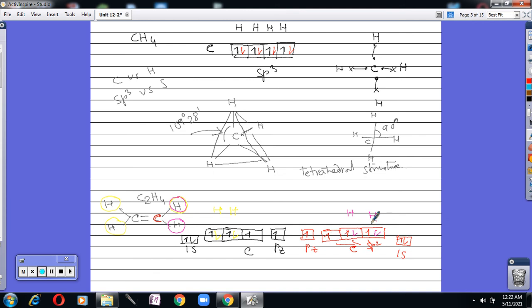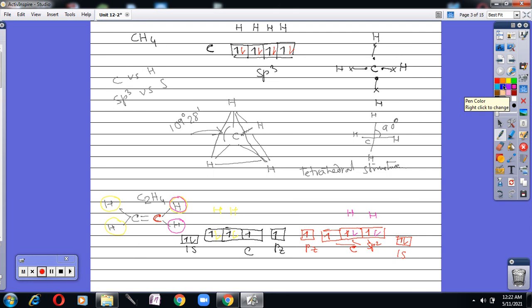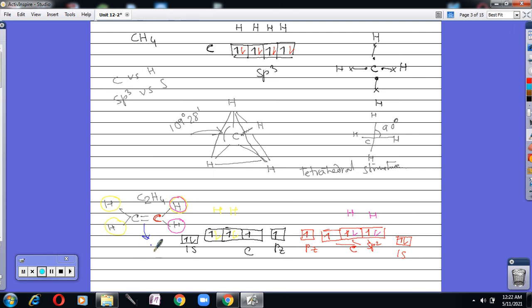Now in this carbon-carbon double bond, one bond is a sigma bond, another bond is a pi bond. This sigma bond is formed in between black carbon and red carbon. Actually, this one made a coordinate bond with black carbon and red carbon.